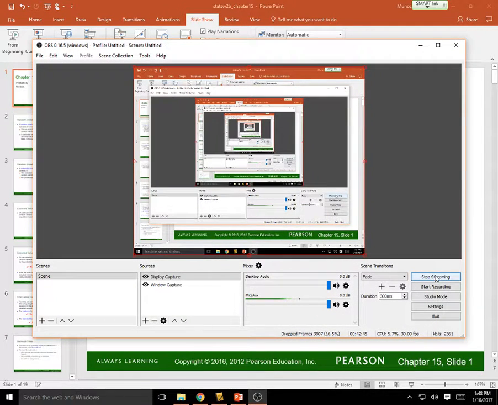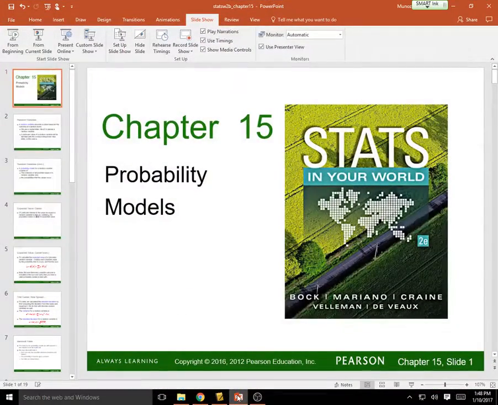Question? How do you check for normal? You check for normal if there's at least 10 successes and 10 failures. So let's say I've got a box of light bulbs.